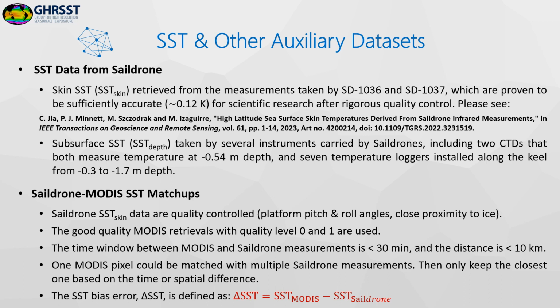The time window between MODIS and Saildrone measurements is within 30 minutes, and the spatial difference is within 10 kilometers. Due to the different resolution, one MODIS pixel could be matched with multiple Saildrone measurements. Therefore, we only keep the closest one based on the time or spatial difference. And finally, we define the SST bias, delta SST, as the MODIS SST minus the Saildrone SST.